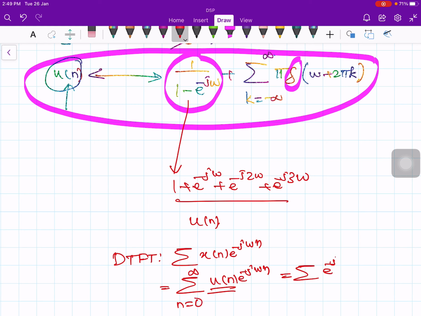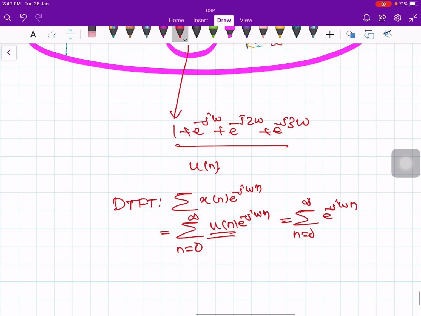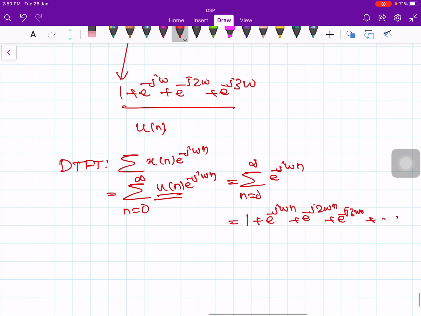If you expand this, you will get 1 plus e to the minus j omega plus e to the minus j2 omega plus e to the minus j3 omega, and so on up to infinity. Therefore this will be equal to 1 divided by 1 minus e to the minus j omega.